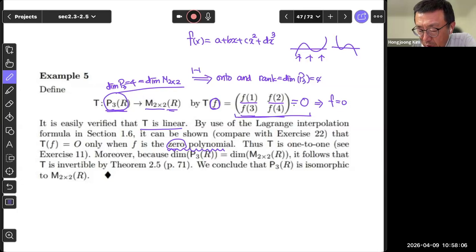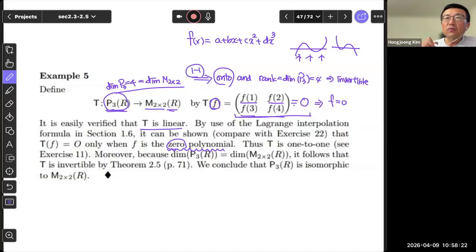And if the mapping is 1 to 1 and onto, and the dimensions of the domain and codomain are the same, then the mapping will be invertible. So we don't have to construct the inverse mapping, but we could verify that this mapping is invertible. So this mapping T is an isomorphism, and P3 and M sub 2 by 2 will be isomorphic.